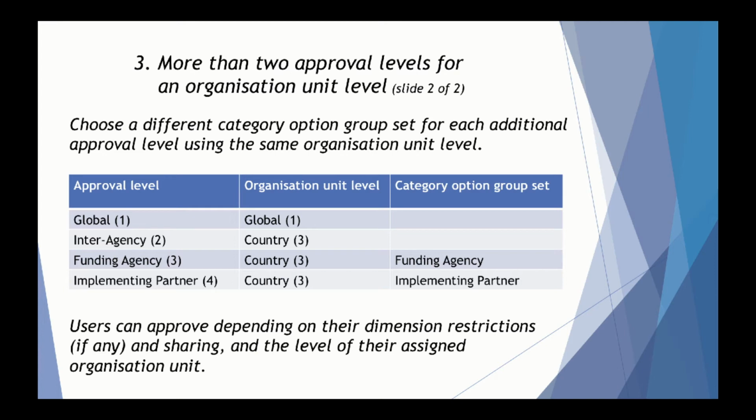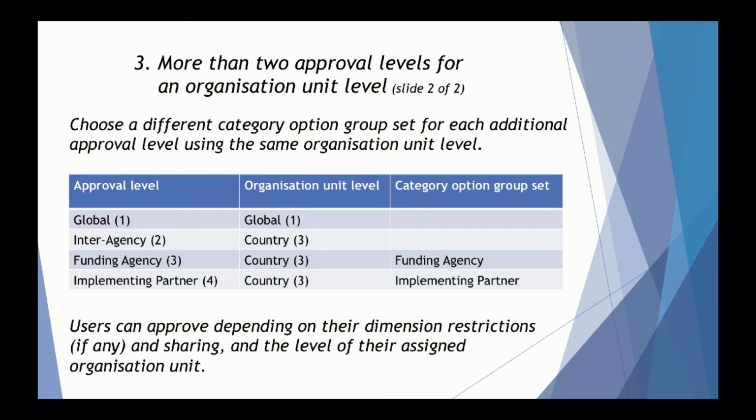Again, as if you would virtualize DHIS2, the partners are looking at all the metadata, but they're just seeing the data for themselves, their own partner. All the agency users are seeing all the metadata, but they're only seeing the data for their own agency.